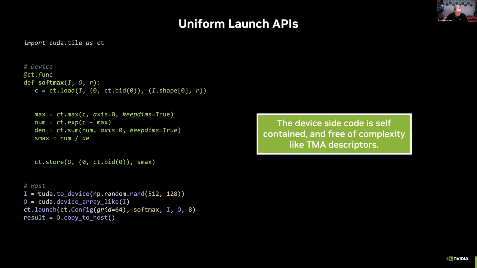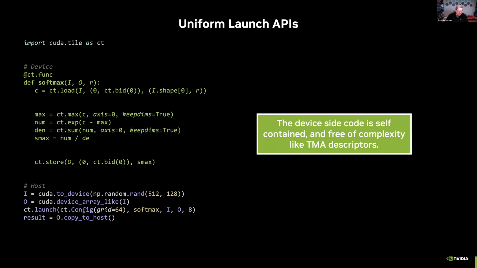So we're creating a CUDA device I. We're going to do randomly generated. We're going to do output, which is going to be device array like I, so it's going to have the same shape and dimensions. And then we'll actually launch the CUDA tile kernel, our function, I guess.